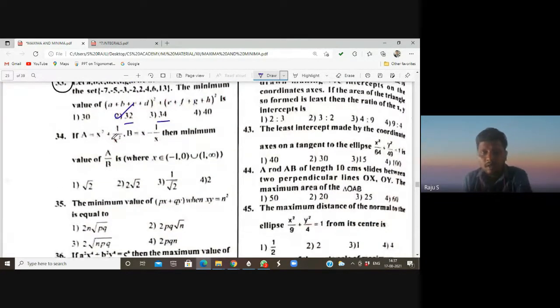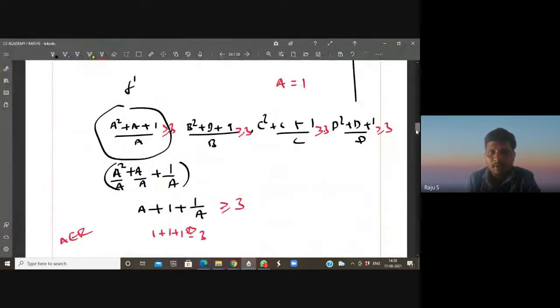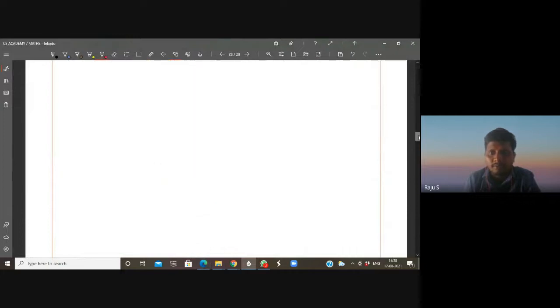Okay, students, and the A value, B value, they have given: A is x² + 1/x. Then the minimum value of A/B. Here A/B they are asking. What is the A value? x² + 1/x², and B is x - 1/x.